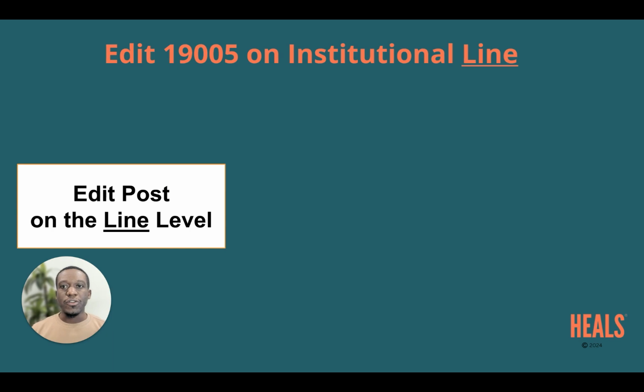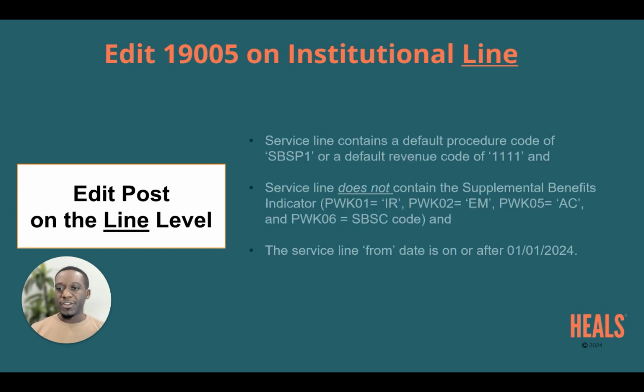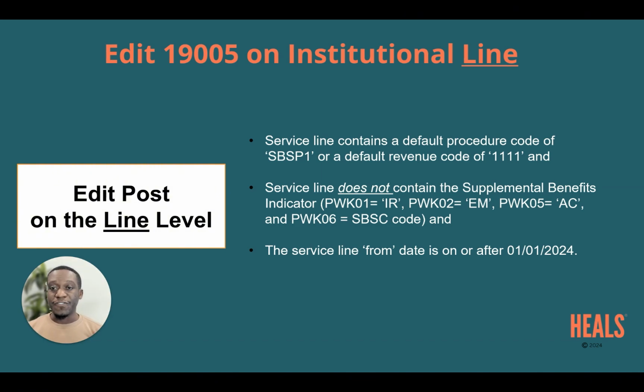On the institutional line, the edit will post on the line level when the service line contains a default procedure code of SBSP1, which is the default supplemental benefits procedure code, or the default revenue code of 1111, and the service line does not contain any of the supplemental benefits indicators, which are PWK01 IR, PWK02 EM, PWK05 AC, PWK06, which is the applicable supplemental benefit code that you are submitting.